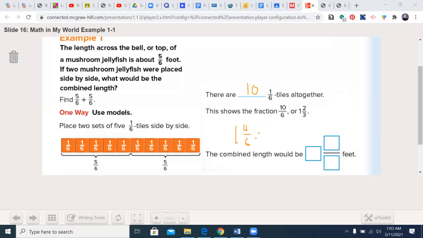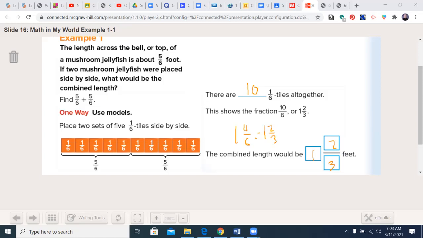And now we keep that 1, and I'm going to put it here as well. 4 and 6 have a greatest common factor of 2. 4 divided by 2 is 2. 6 divided by 2 is 3. So the combined length would be 1 2/3 feet, which would end up being 20 inches long, if I was converting it.